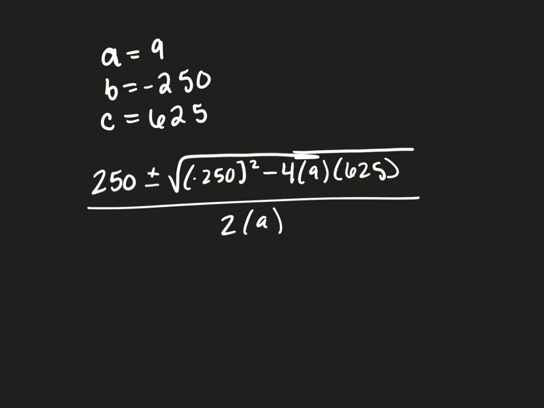So 250 squared is 62,500. And then 4 times 9 times 625 is 22,500. So when you subtract those, you get 40,000.